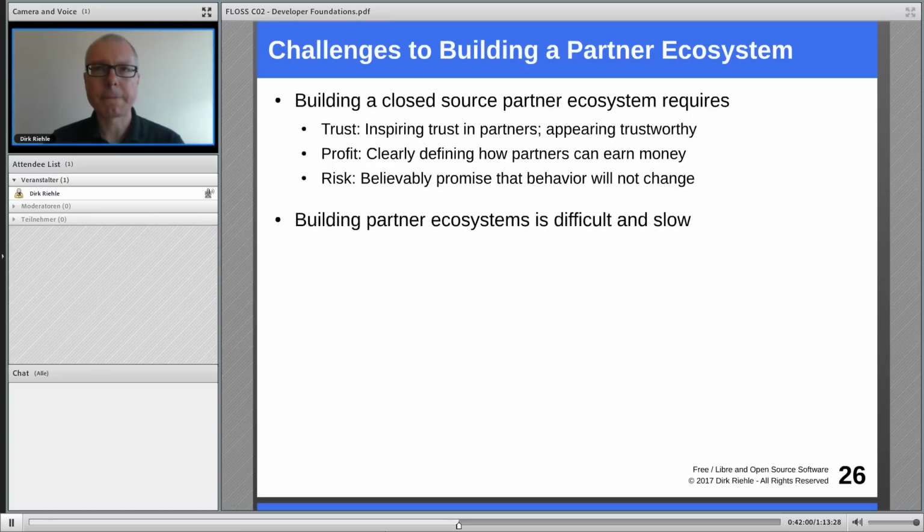Okay, so open source foundations, in particular in this application developer foundation scenario, this is a speculation of mine, perhaps a way of building a strong partner ecosystem for the original creator. Building a partner ecosystem is hard.